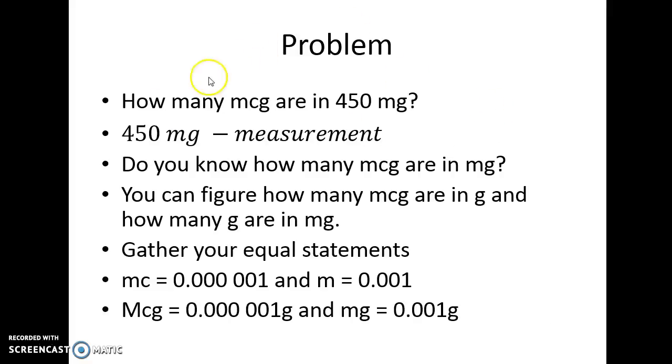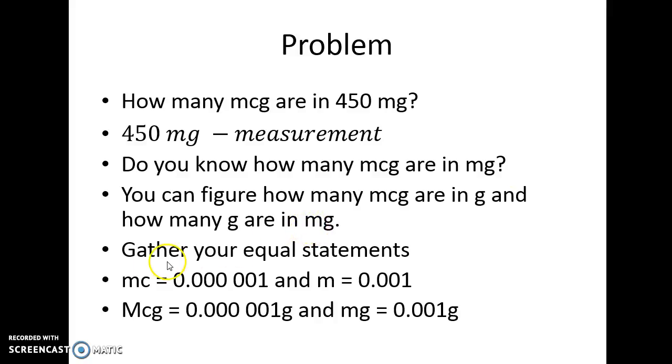Okay, so to do this problem, how many micrograms are in 450 milligrams? You're going to start with the measurement, 450 milligrams. Now, do you know how many micrograms are in a milligram? If you're absolutely sure, go ahead and use it. If you're not, follow this method. You can figure out how many micrograms are in a gram and how many grams are in a milligram.